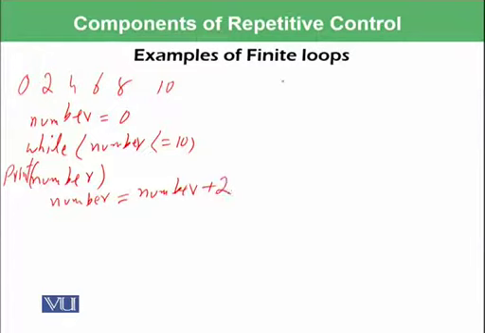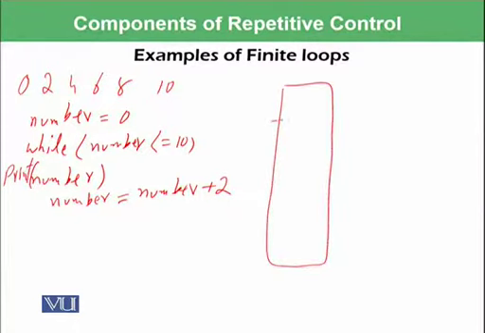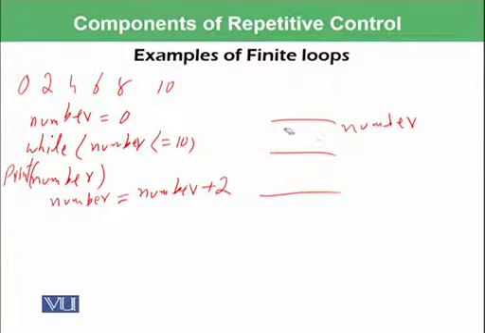You can see that in RAM the number has a value of 0 initially and then it will be incremented by 2. So next time it will have 2, it will print 2, then it will print 4, 6, 8, 10, and when this number is 12, this loop will be terminated.